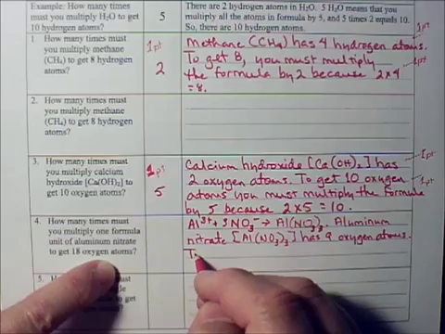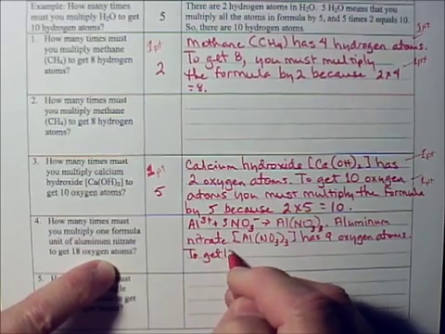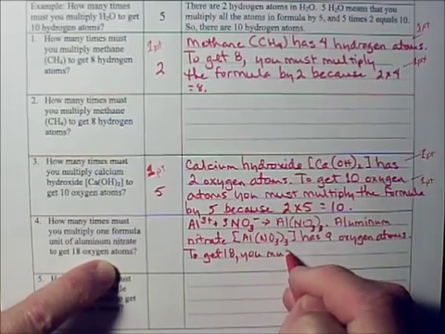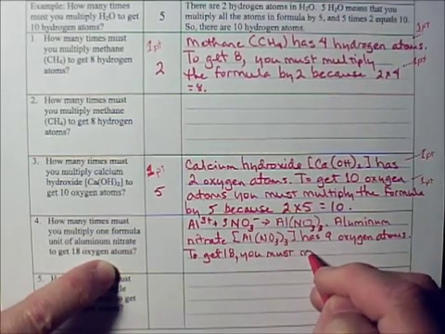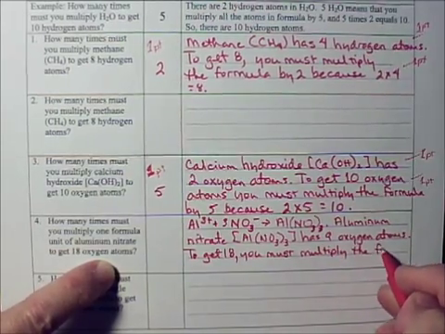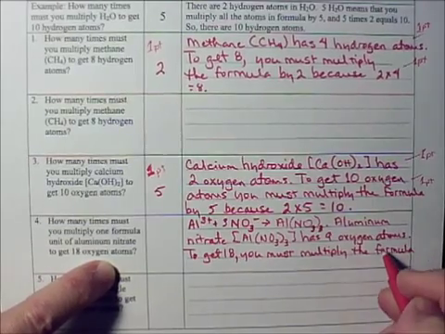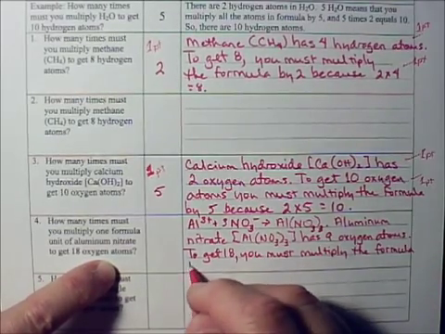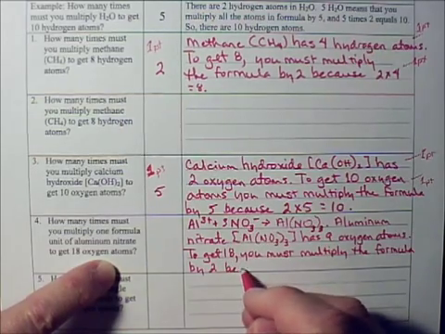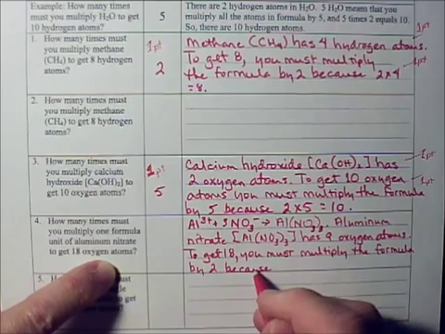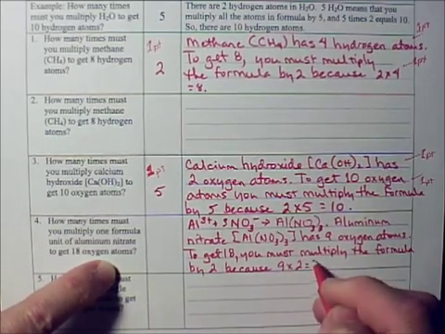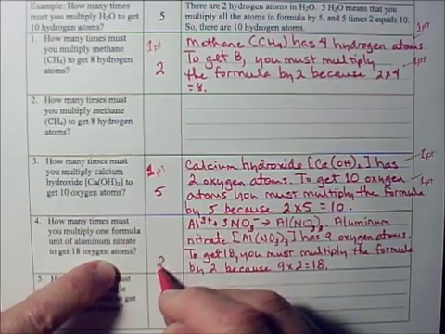To get 18, you must multiply the formula by 2 because 9 times 2 is 18. And so the answer over here is 2.